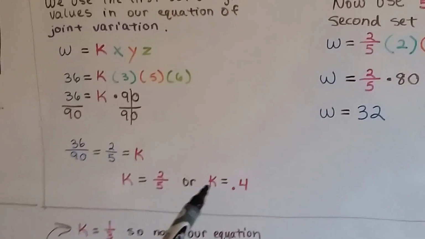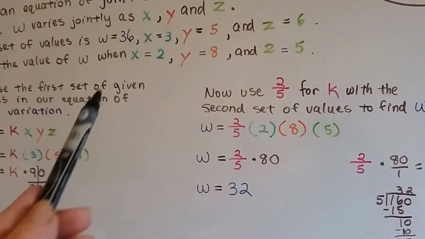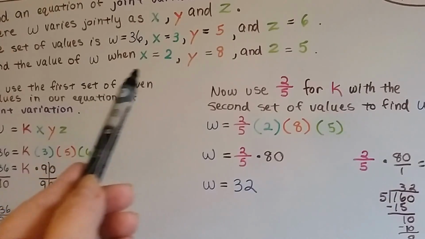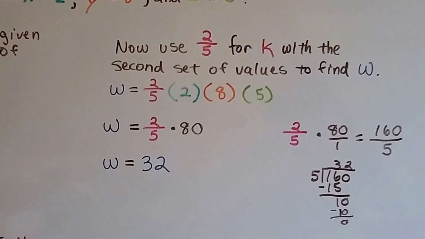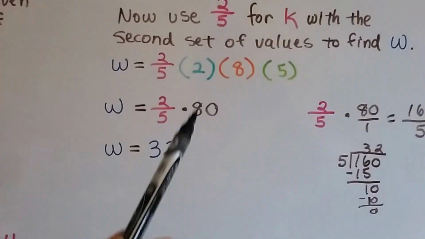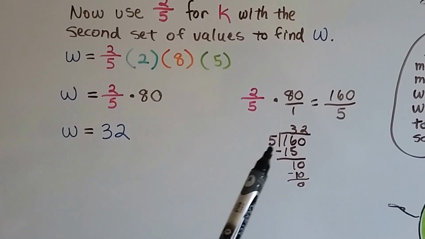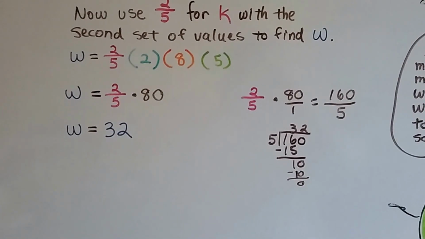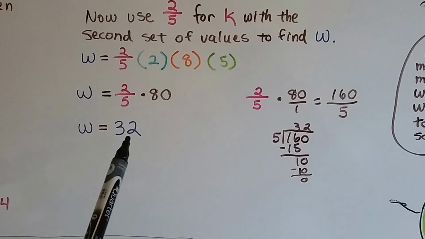All right. Now we're going to plug this value, 2/5, in for k to find W when x is 2, y is 8, and z is 5. 8 times 5 is 40, times 2 is 80. 2/5 times 80 comes out to 32. We do our math. We get 160 over 5. 5 goes in 160 32 times.